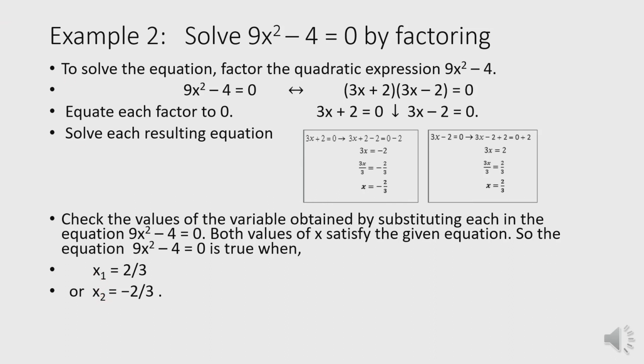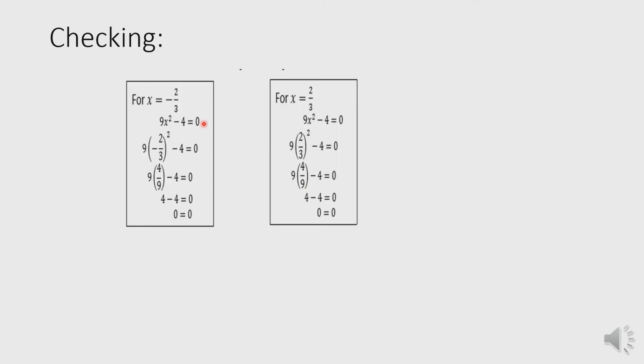Hope you understand. Now let us check again. You can see the original equation here, when our x is negative 2/3, substituted to the original equation, and then do the algebraic method to get 0 equals 0.